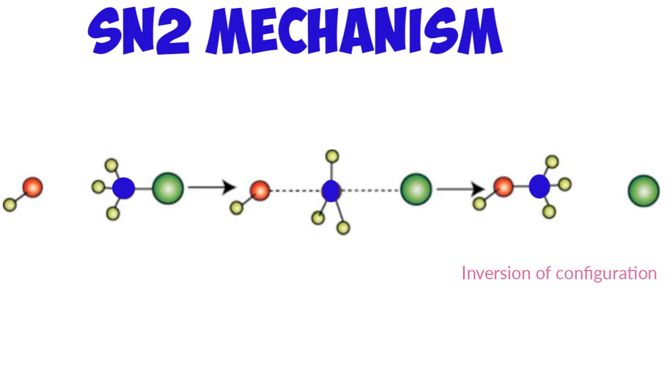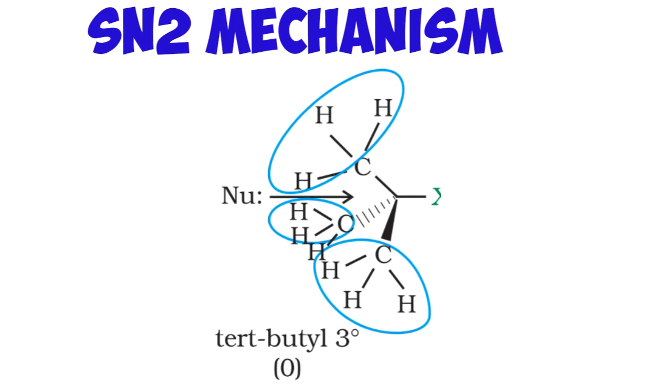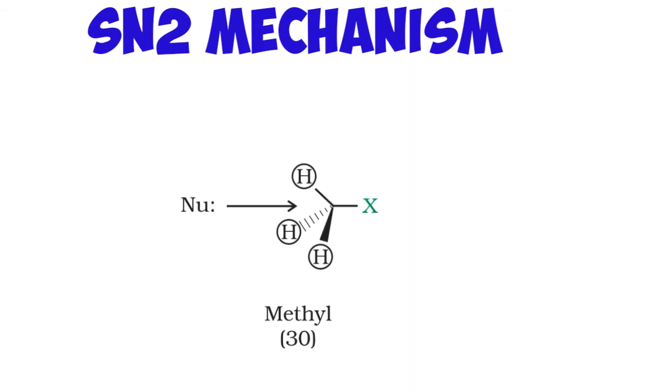Since this reaction requires the approach of nucleophile to the carbon atom having the leaving group, the substituents present in the carbon atom have great effect on rate of SN2 reaction. That is, if bulky groups are present in the carbon atom, it inhibits the approach of nucleophile to the carbon atom. Tertiary halides are least reactive because bulky groups hinder the approaching nucleophile.